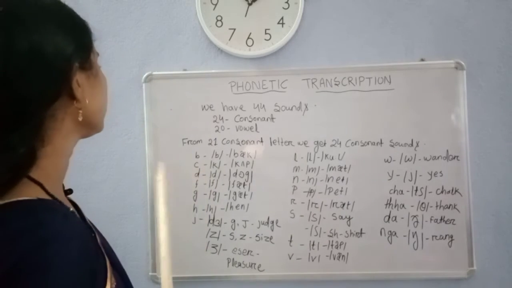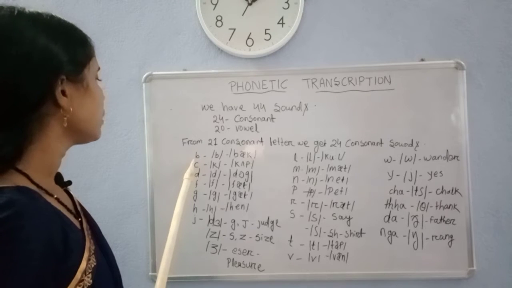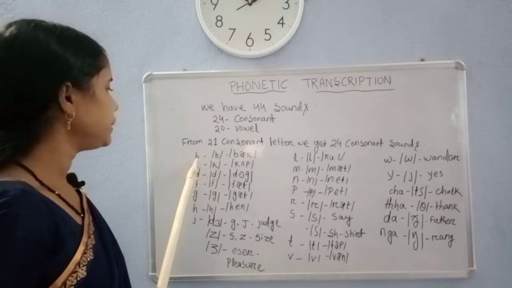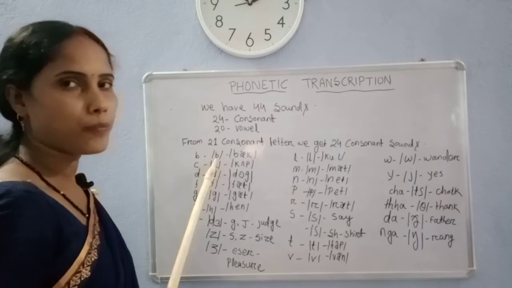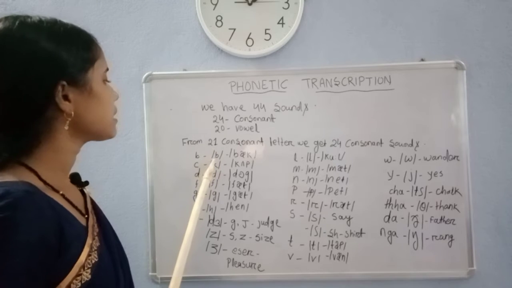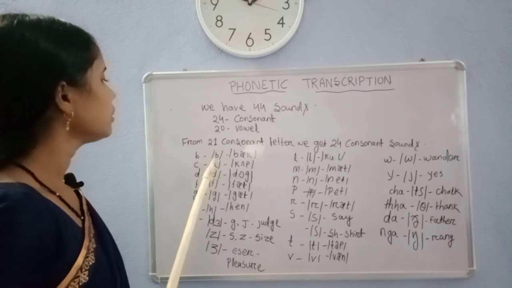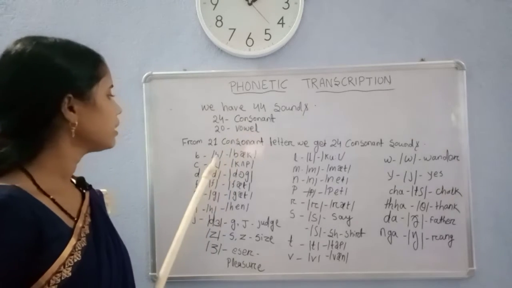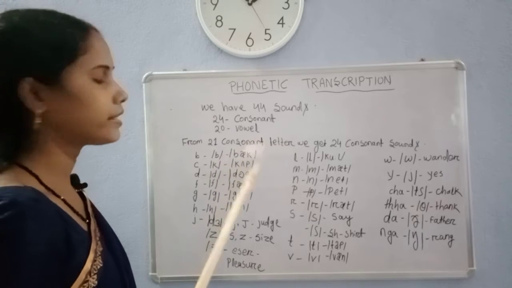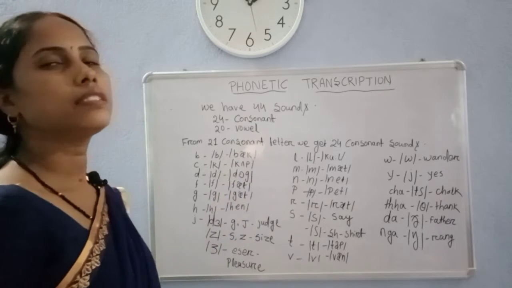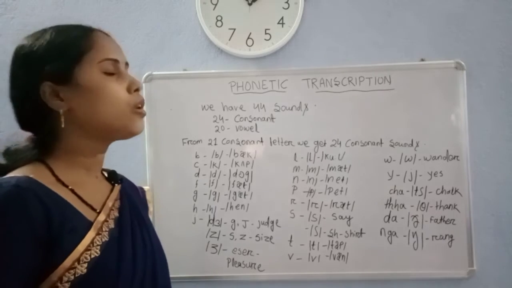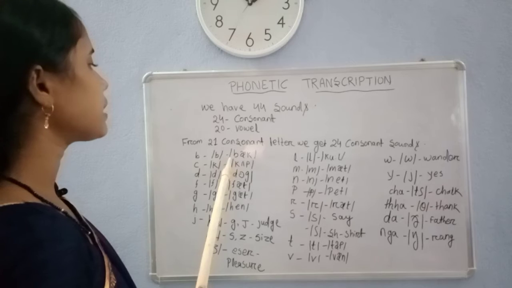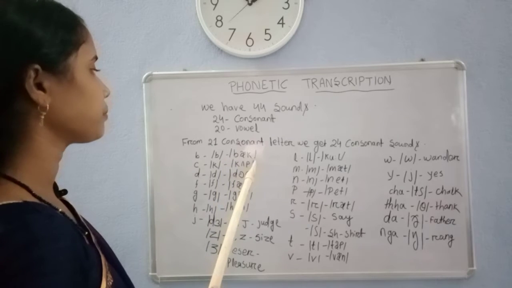So let's start. Here this is the B letter, not the B sound. The letter is B but the sound is bo. When you are writing its sound, always put the sound between slash marks, as in the word back. This is the phonetic transcription of the word back.